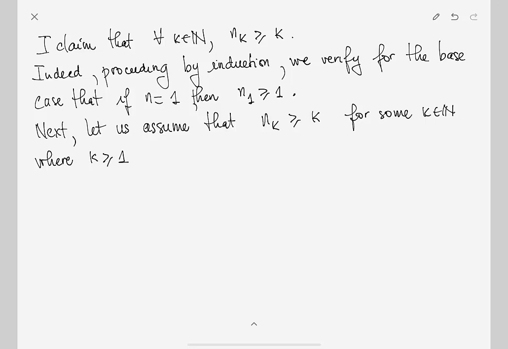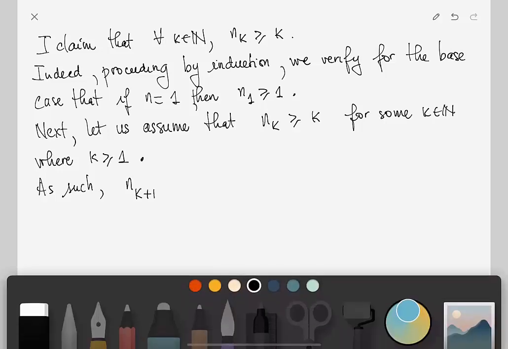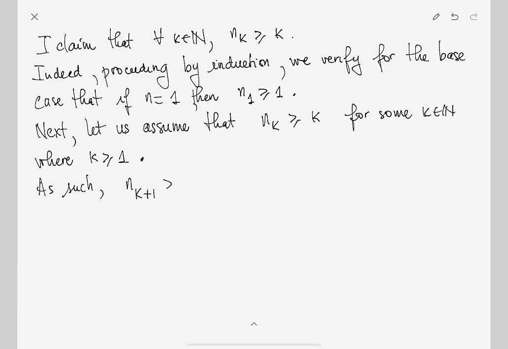Okay. As such, we'll have that n sub k plus 1 must be greater than nk, since nk is strictly increasing.